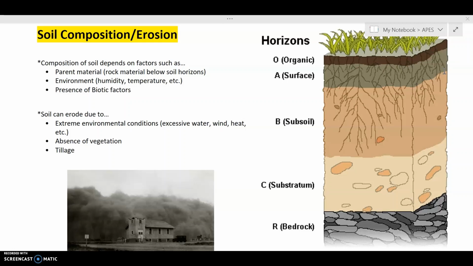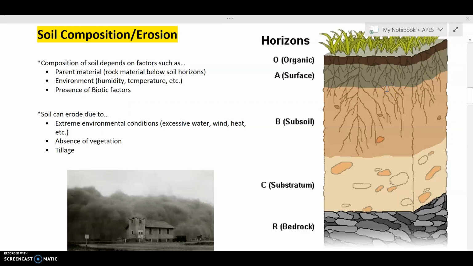And another factor is the presence of biotic factors, such as vegetation, dead organisms, etc. What they're going to do is enrich the soil with nutrients. So the presence of biotic factors is extremely important to the quality of your soil and what exactly it's made up of.